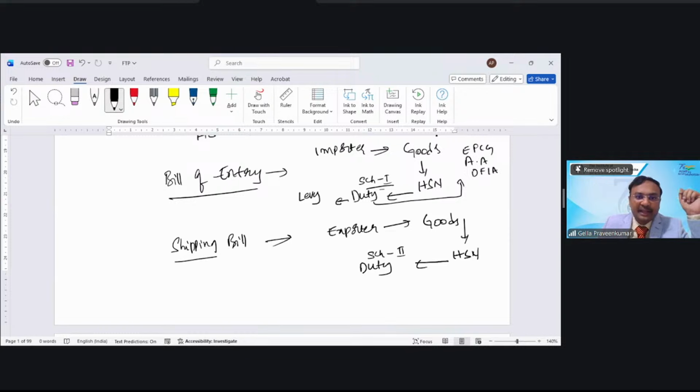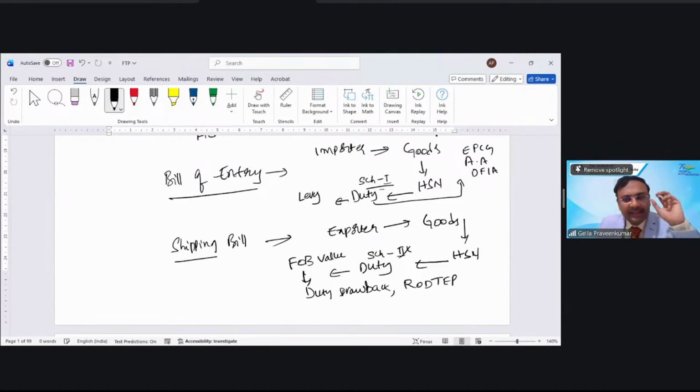Similarly, goods which have been exported, for a moment, if the goods are not subjected to Schedule 2, on the basis of the FOB value, you would see something called duty drawback. Or you would also see RODTEP, some scripts. Don't worry about the technical terms. I'll explain. My job is to explain as we travel through. We are trying to have a basic understanding.